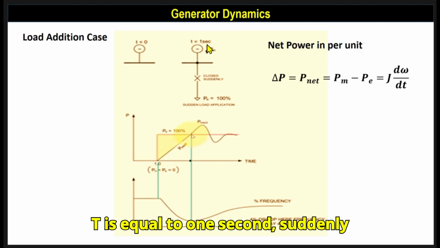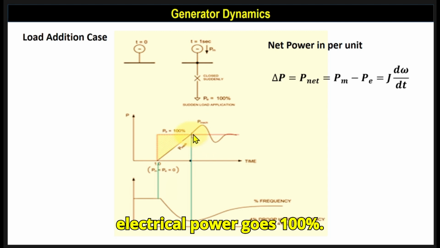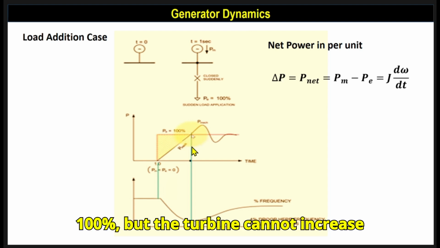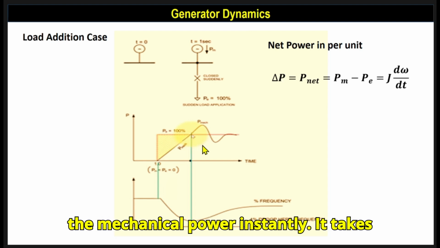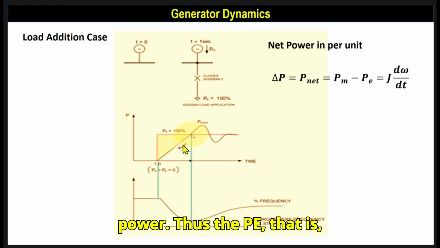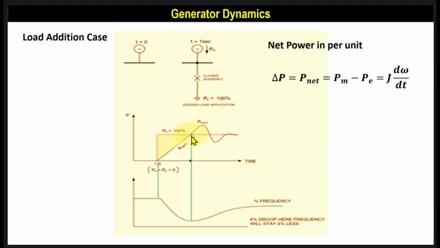At t equal to 1 second, suddenly 100% load is applied, that is the electrical power goes to 100%, but the turbine cannot increase the mechanical power instantly. It takes some time to reach the electrical power. Thus Pe, the electrical power, is greater than the mechanical power.